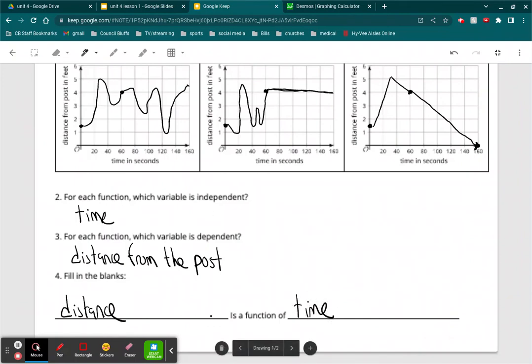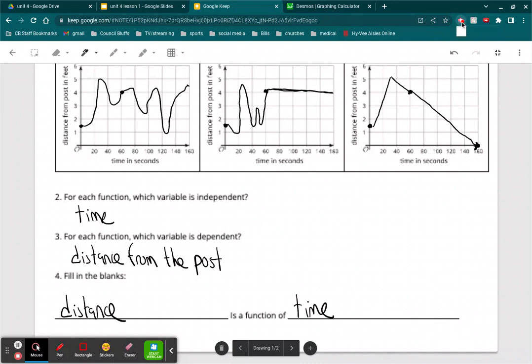Whichever one is your y goes in the first blank, and whichever one is your x goes in the second blank.